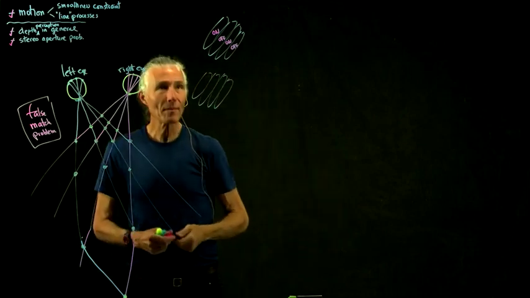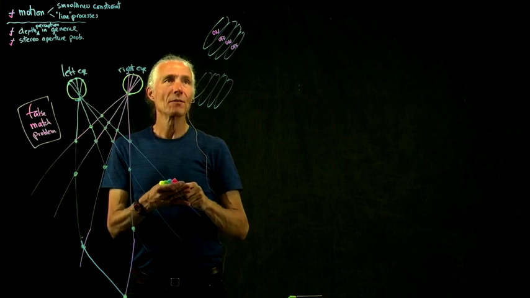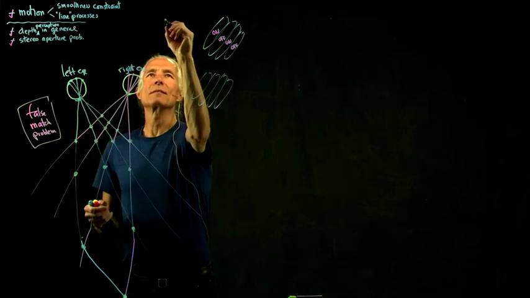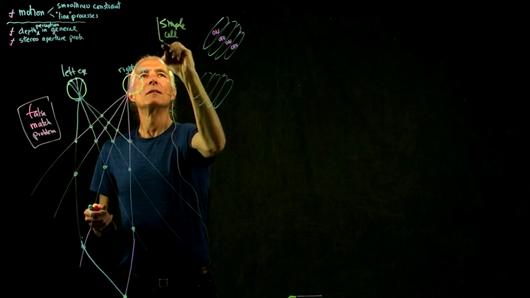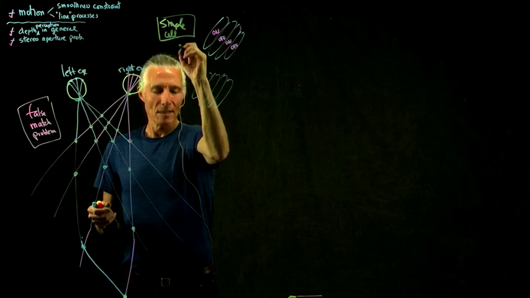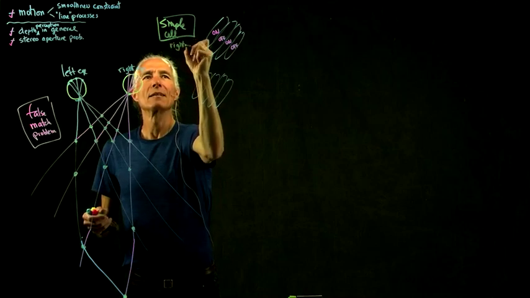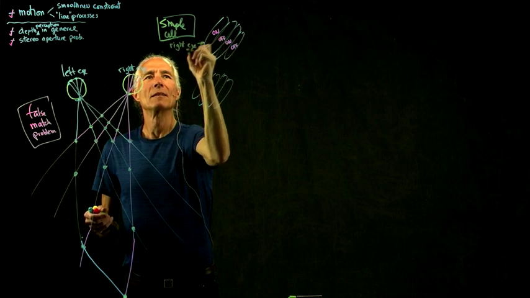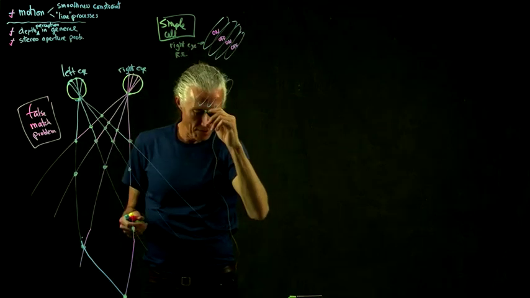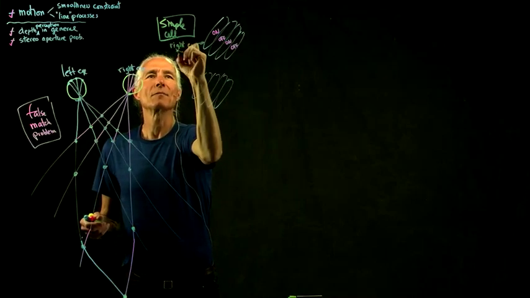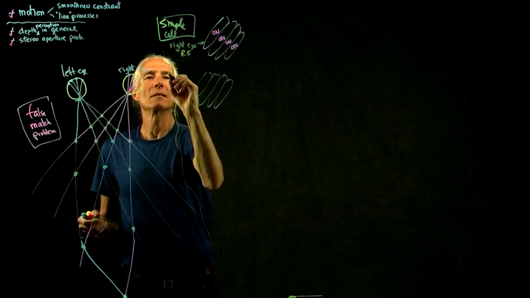So this is a simple cell, and this is the right eye receptive field, and this is the left eye receptive field.